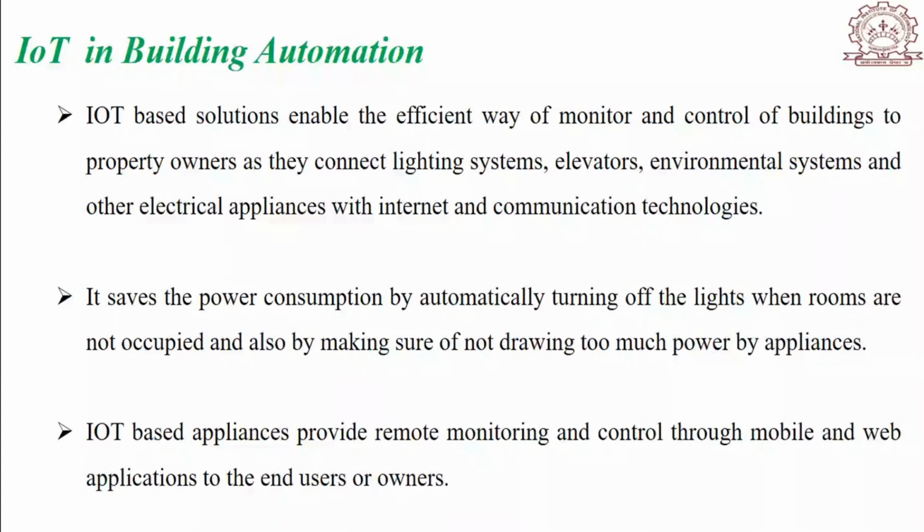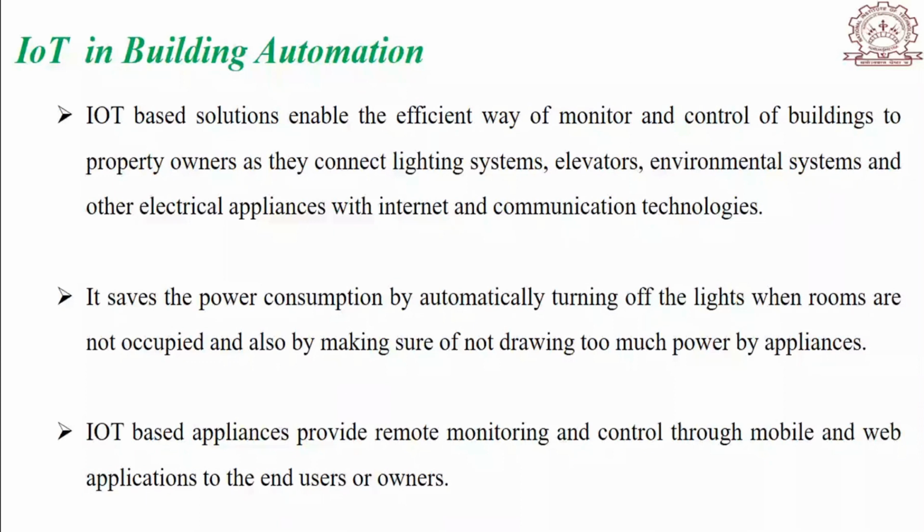Whenever no use is there, the lights or other electrical appliances should be switched off. This is the second step; the third step can be automatic lighting systems, or automatic turning on and turning off can be implemented.